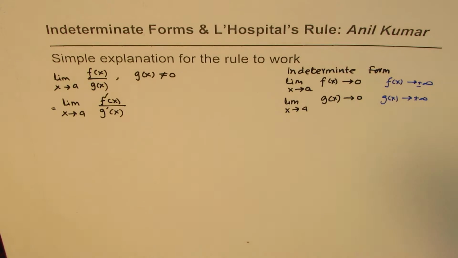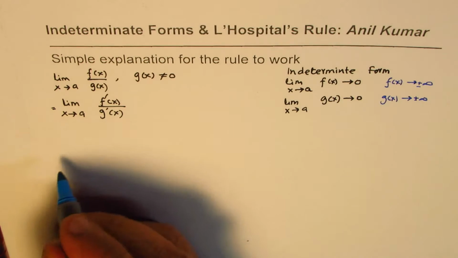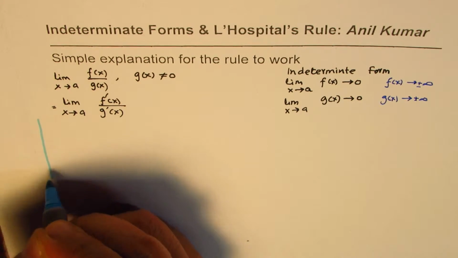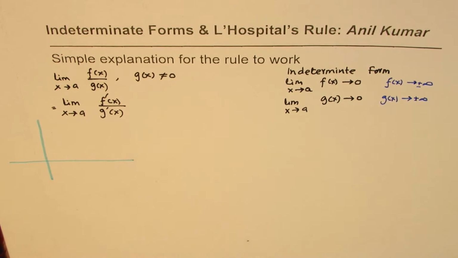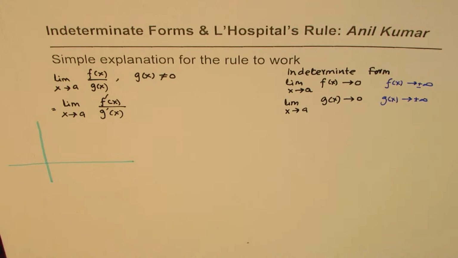To understand, we can take a closer look at two functions. Let us say we'll just sketch them here. Let us say we have a function which is f of x.